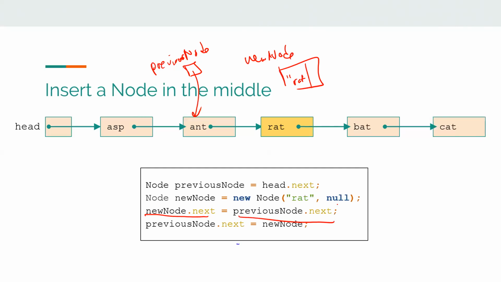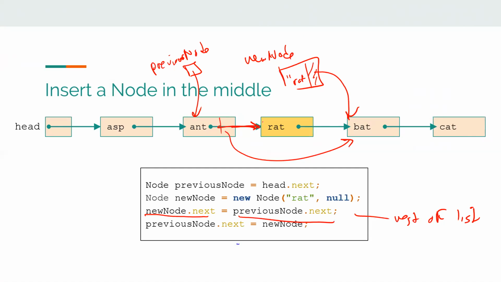Previous node.next is a reference to, before rat was in there, bat, right? So new node.next equals previous node.next means new node.next gets the address of previous node.next, which is the rest of the chain. The rest of the list is assigned to new node.next. And then previous node.next is going to refer to new node, meaning that's when it refers to the rat.